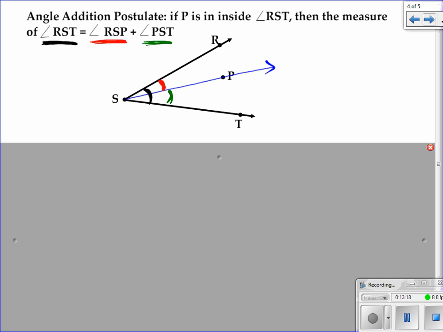Okay, so what this equation is saying, which really makes a lot of sense, is that if you add together the red and the green angles, it should equal whatever the whole angle is equal to. So we're going to be setting up algebraic equations, similar to when we had segments. This part plus this part equals the whole thing. Okay? Questions on that?